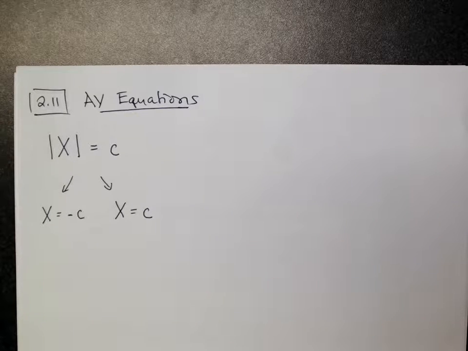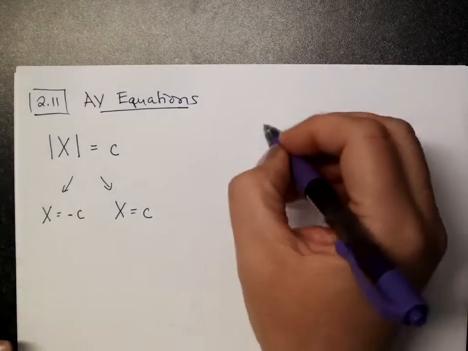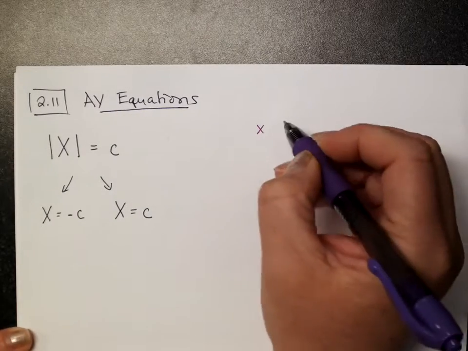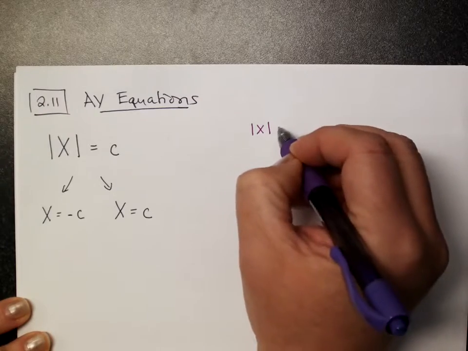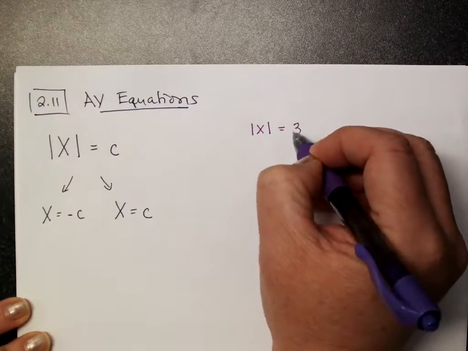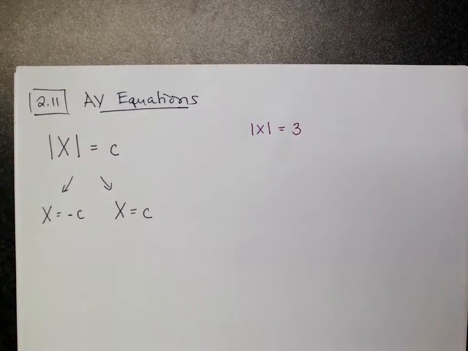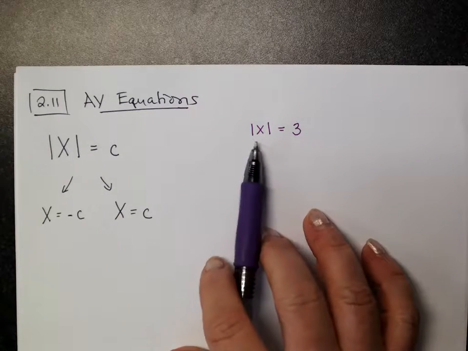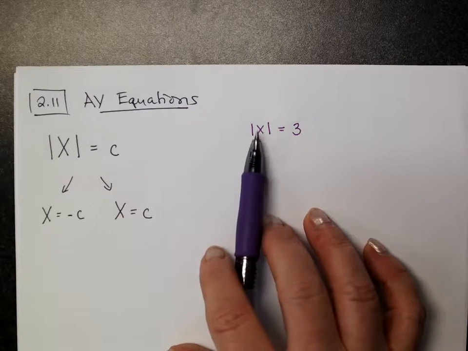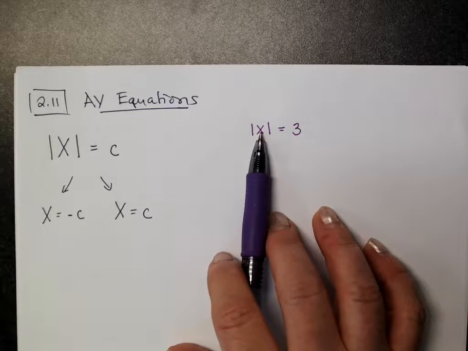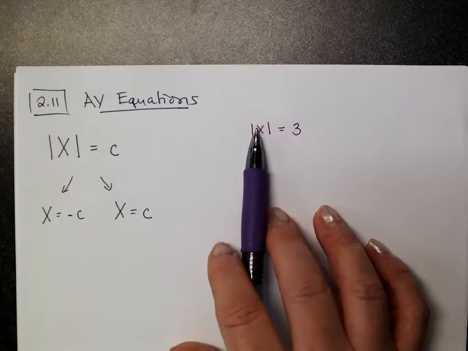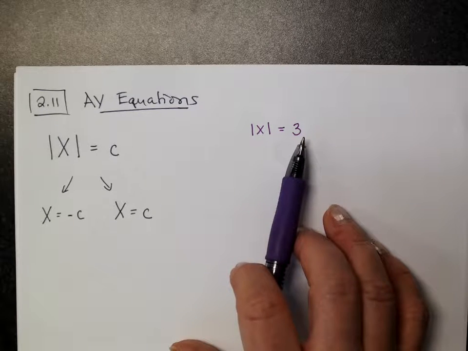Now, so a reminder, a backup to that, let's think about this. If you had, and I'll just use little x, just a very, very simple absolute value equation. So the absolute value of x is equal to 3. Now, think logically, what values of x would make this true? What could x be that the absolute value of that x would be positive 3?